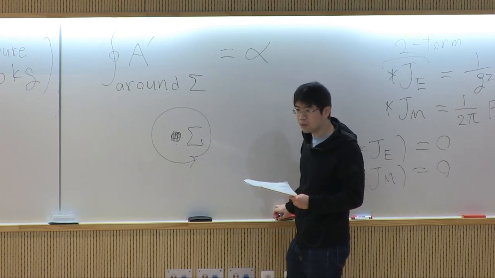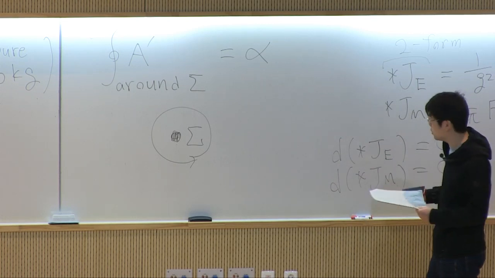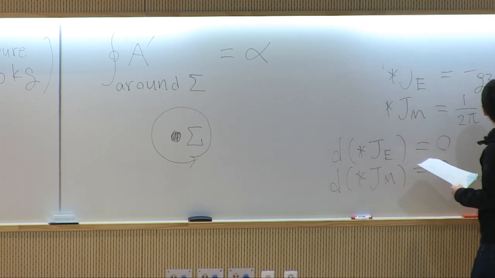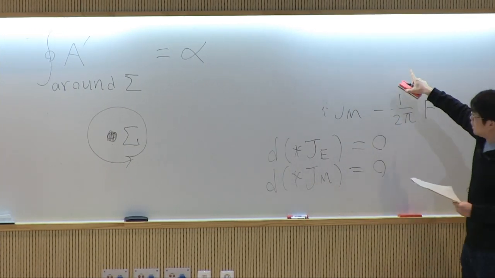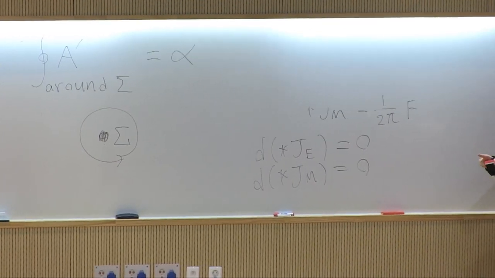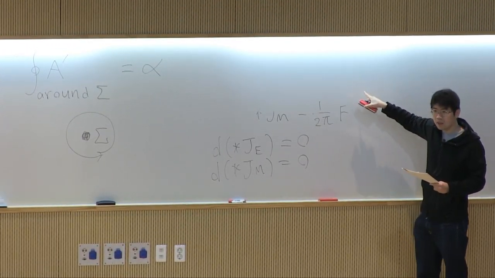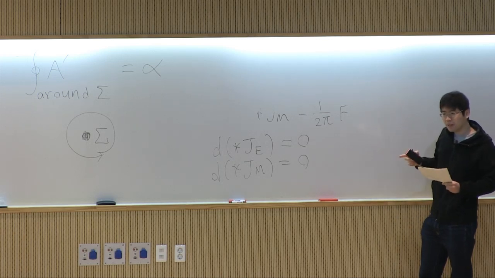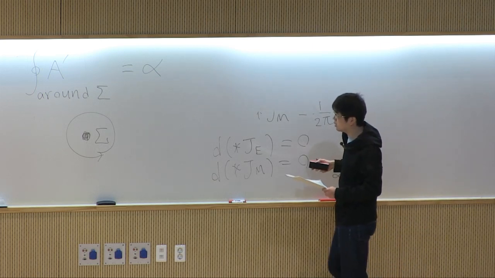And this definition is more convenient for the generalization to non-abelian gauge group. Because in the case of non-abelian gauge group, I just erased it, but in the free Maxwell theory, we had the explicit current operator, conserved current operator. However, in the non-abelian case, we don't have any explicit conserved current.